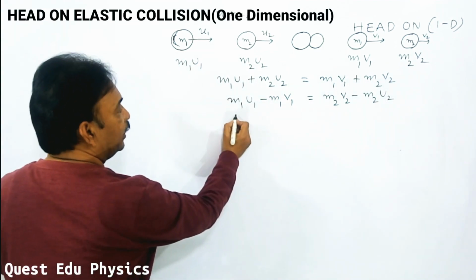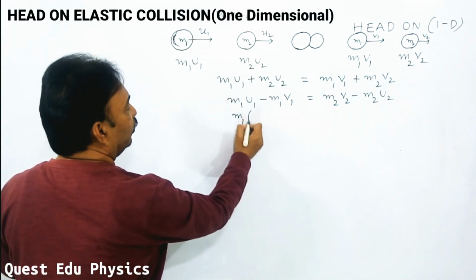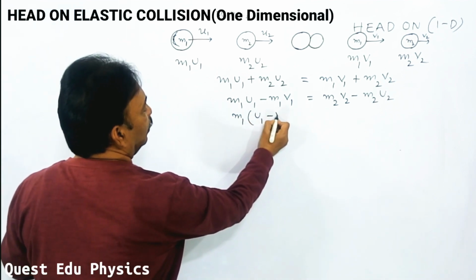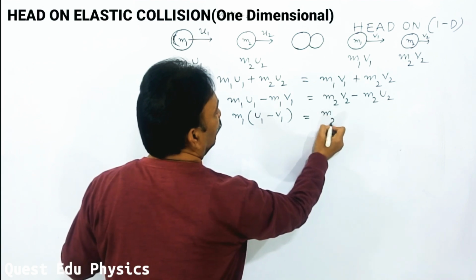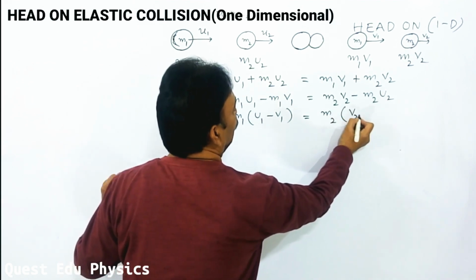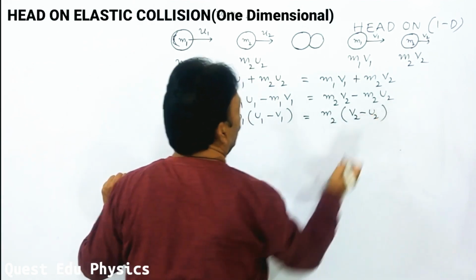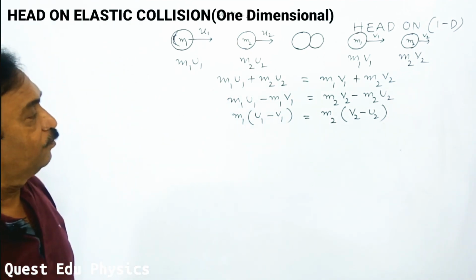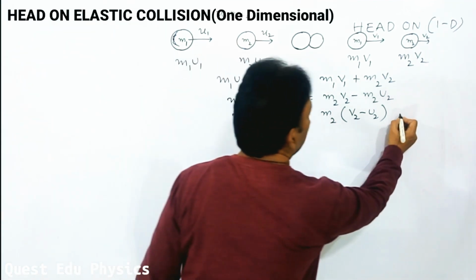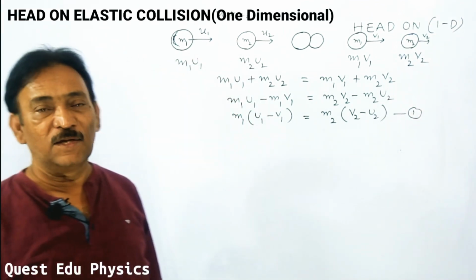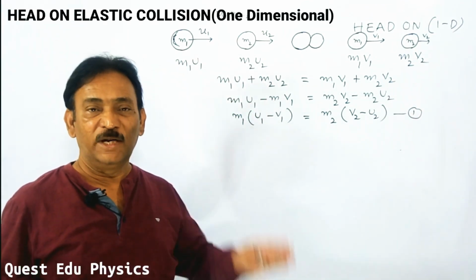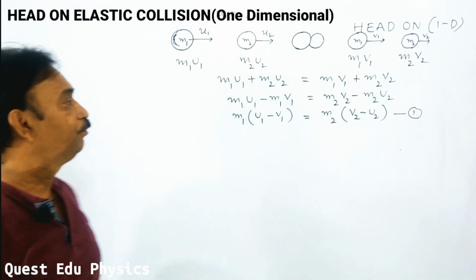In other words, we can write it as m1 of (u1 minus v1) is equal to m2 of (v2 minus u2). Okay students, let's take this as equation 1. It is according to the law of conservation of linear momentum. Linear means we are along a straight line.